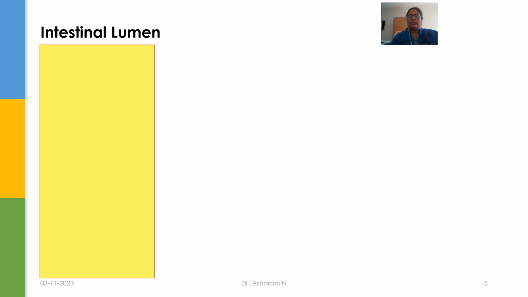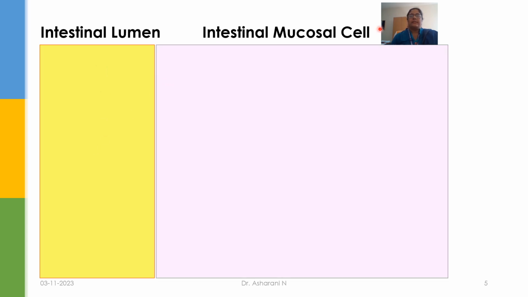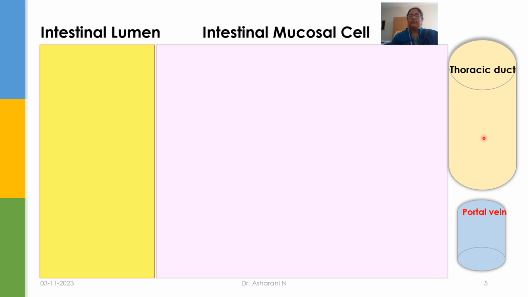Now we will see, once they are absorbed into the intestinal mucosal cells, how reesterification and formation of chylomicron will happen. So assume this as the intestinal lumen, this area as the mucosal cell, that's the lymphatic, and that's the portal vein.